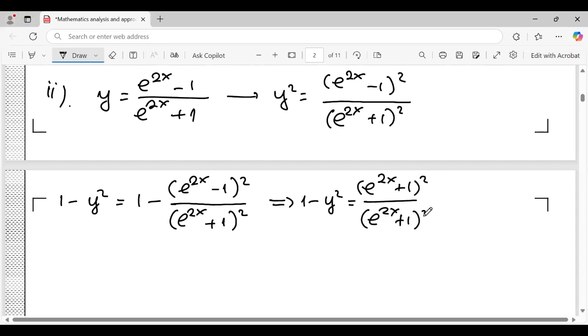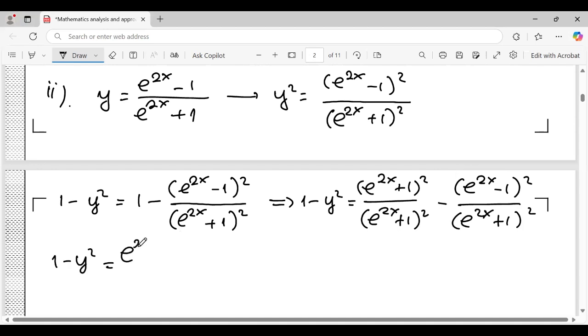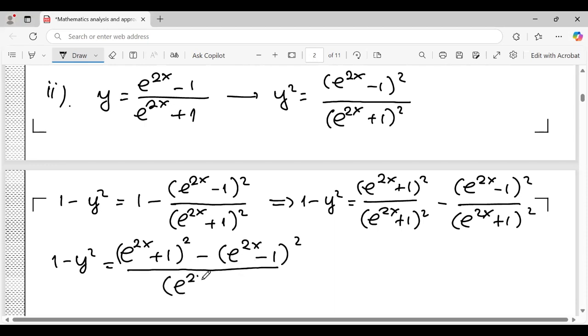So (e^(2x) plus 1) squared minus (e^(2x) minus 1) squared over (e^(2x) plus 1) squared. So 1 minus y squared becomes (e^(2x) plus 1) squared minus (e^(2x) minus 1) squared over (e^(2x) plus 1) squared.